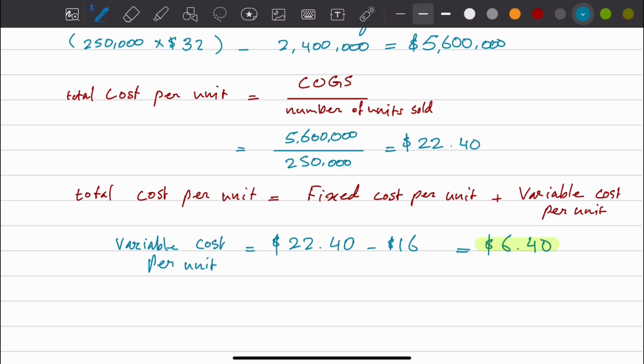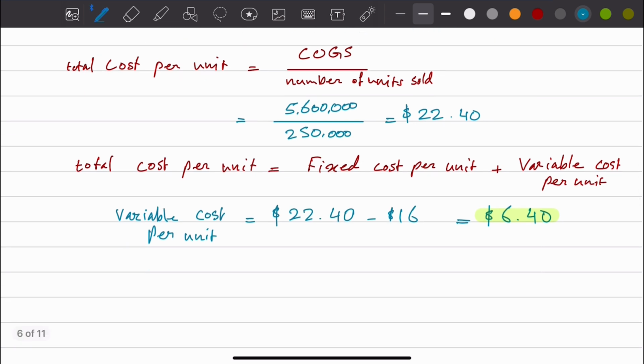Okay? Now, to find the total variable cost, all we need to do is to take this variable cost per unit, multiply it by the number of units produced, right?